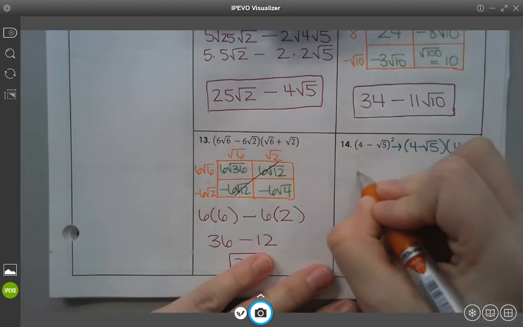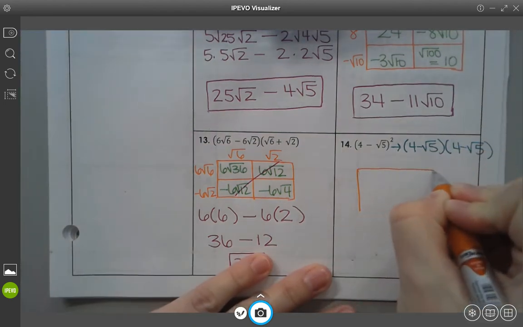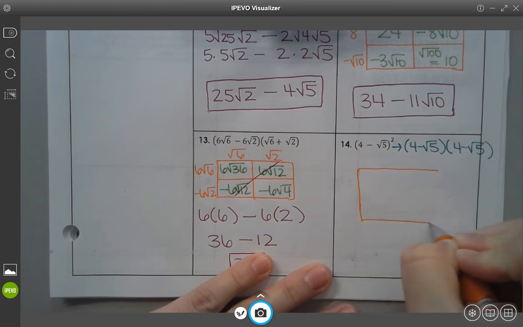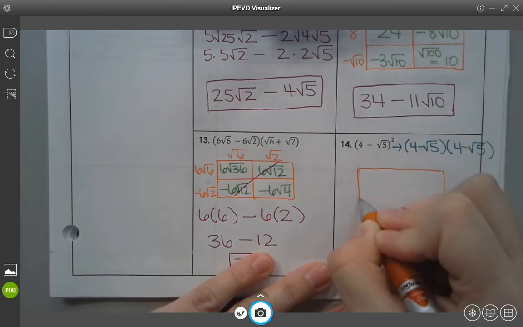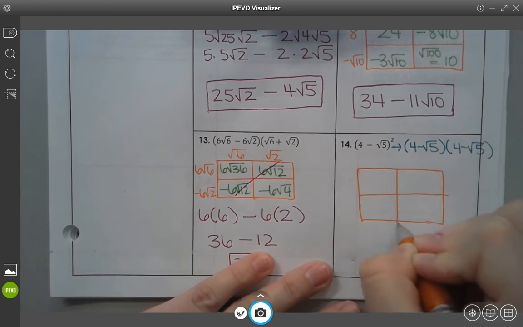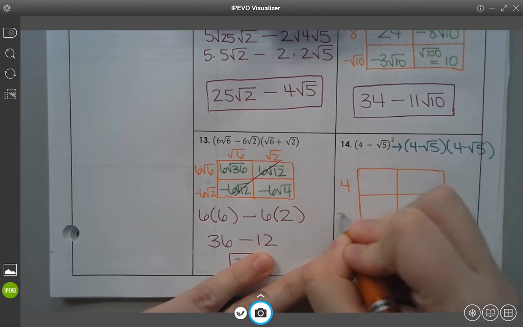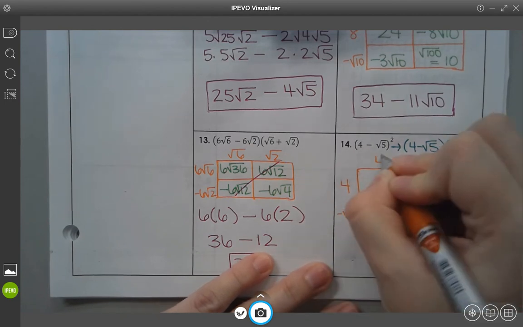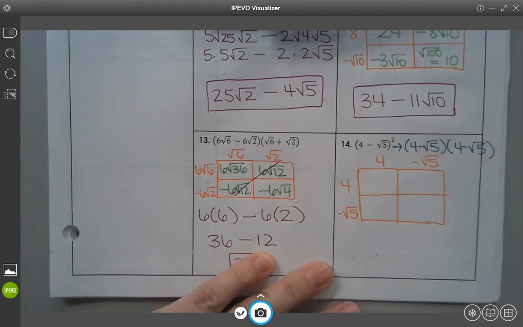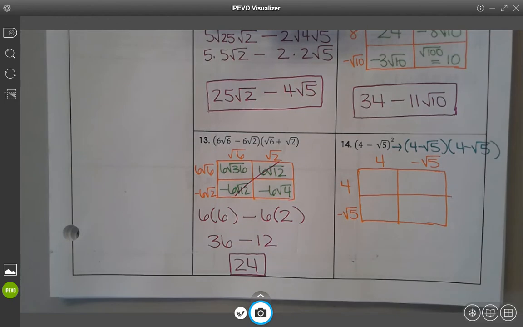All right, so if we do the box, four minus radical 5, 4 minus radical 5. See if you can finish this one.